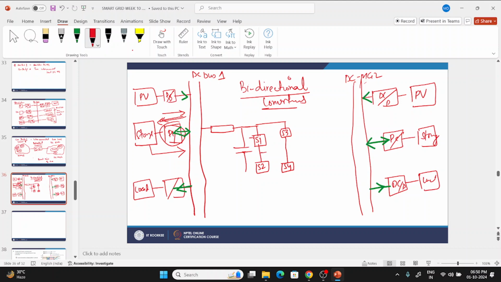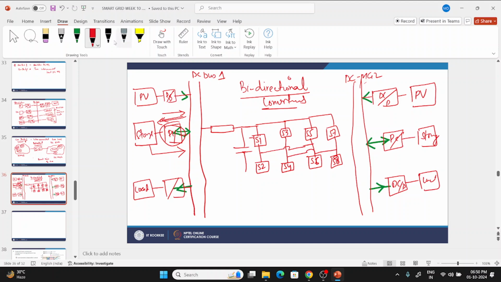It is connected like this. Then another switch will be here. Let's say it is 5. It is connected to S6, then S7, then S8. Okay, so it will be connected to them like this. Then these two are connected like this.